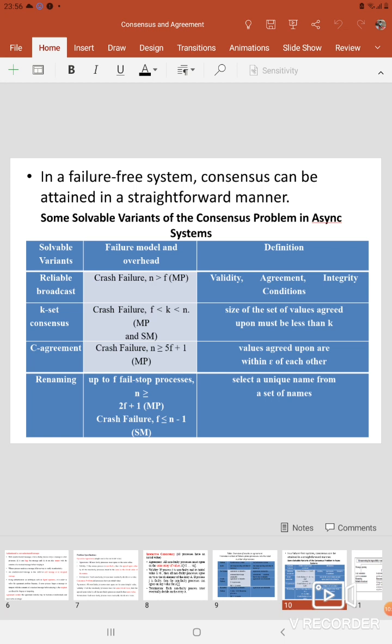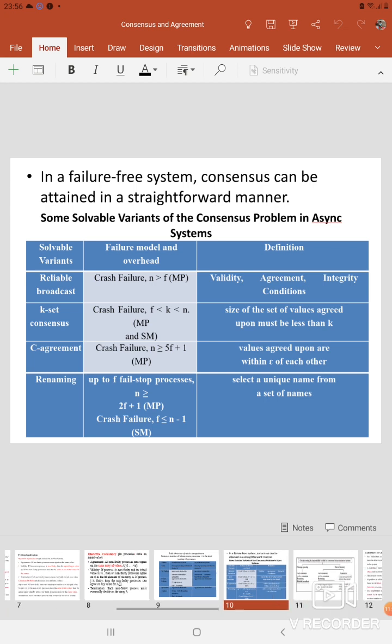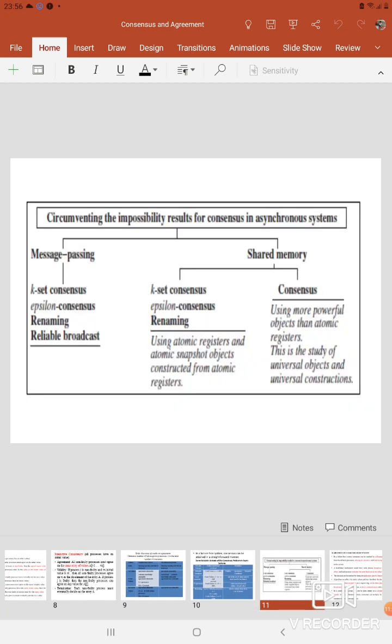In a failure-free system, consensus can be attained in a straightforward manner. We may see some variants, that is, reliable broadcast, k-set consensus, epsilon agreement and renaming. This chart shows the types. In an asynchronous system, we have two types, message passing and shared memory.